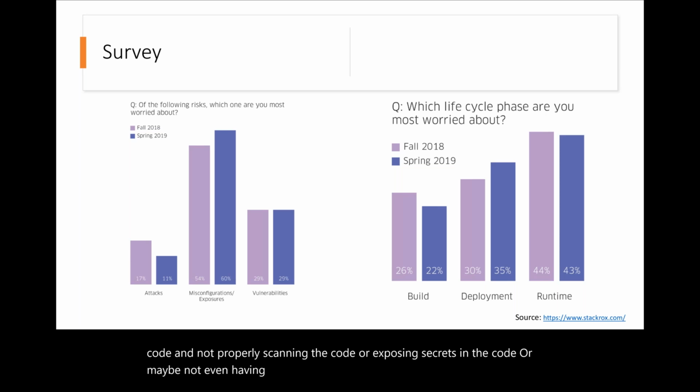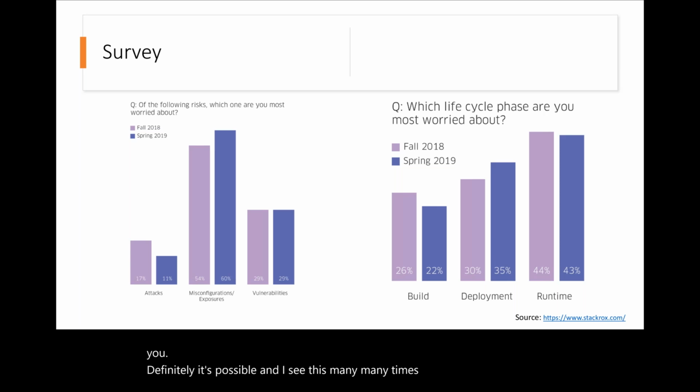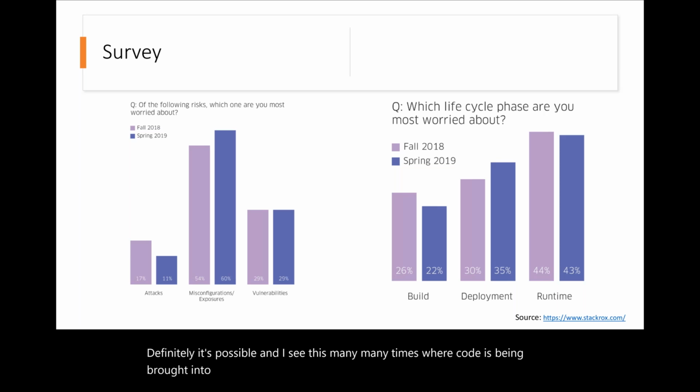And you say, oh, that's not possible. I can tell you, definitely it's possible, and I see this many times where code is brought into production without proper tests, without considering exposure of secrets, or even having credentials in the code.